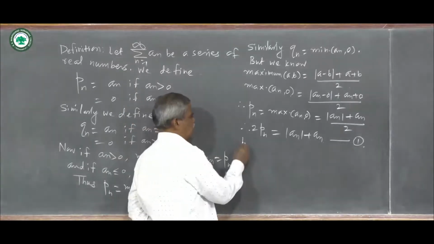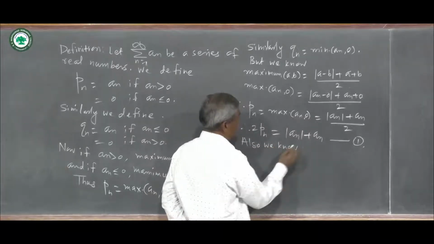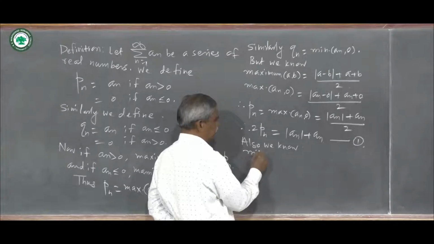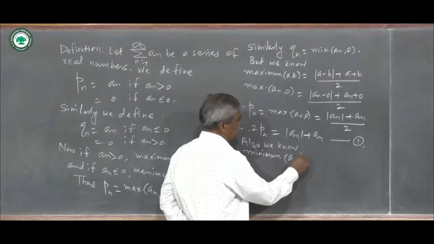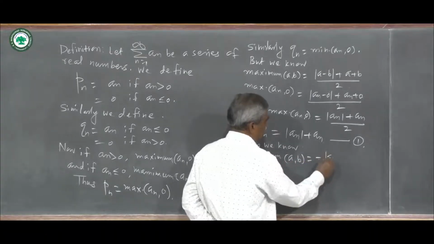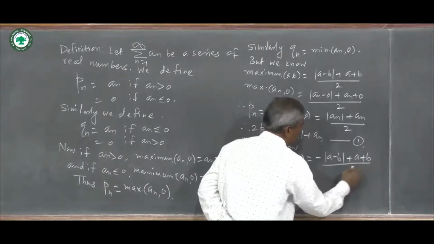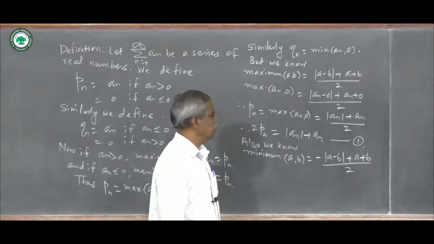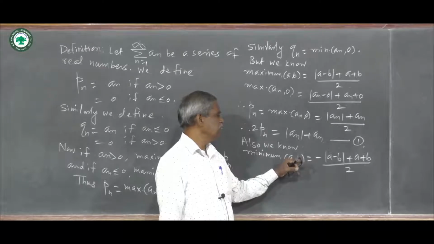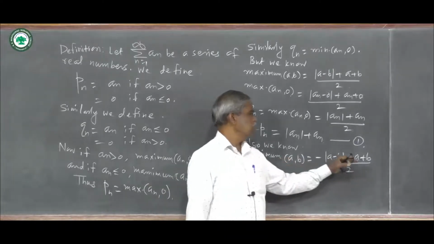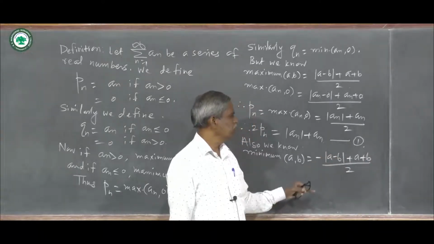Also, we know the minimum of A, B is equal to minus mod of A minus B plus A plus B, upon 2. If we take 5 and 2, we obtain 5 plus 2 is 7 and 5 minus 2 is 3.